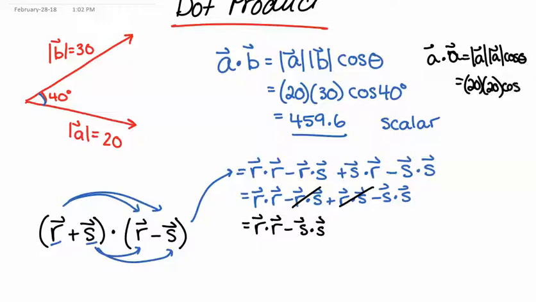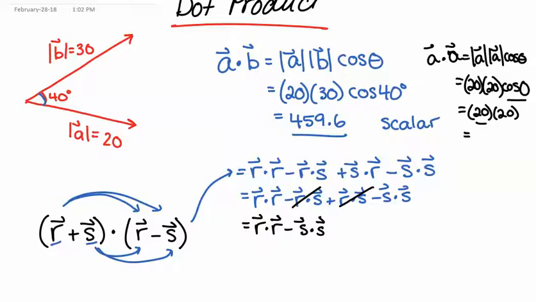And what is theta? What's the angle between vector a and vector a? I would say 0. There's nothing between them, they're the same vector. And the cosine of 0 is equal to 1. So my answer is just 20 times 20 times 1. And 20 is the magnitude of vector A.